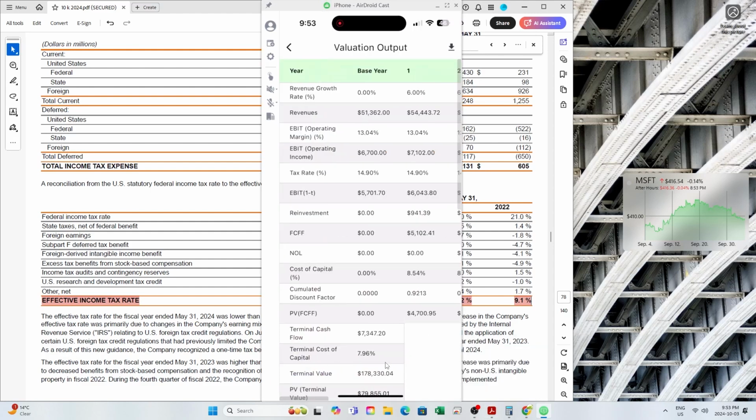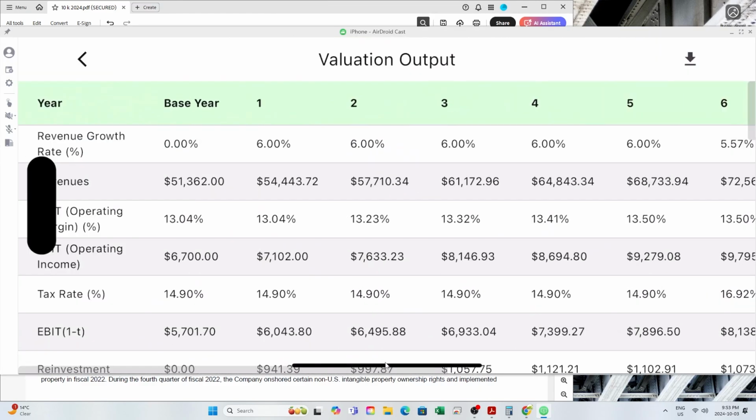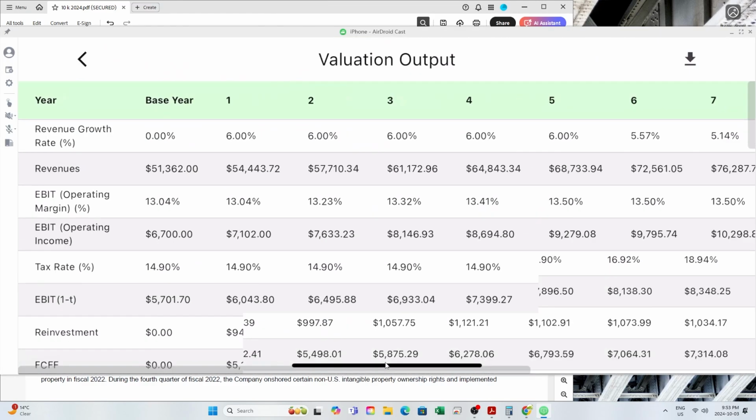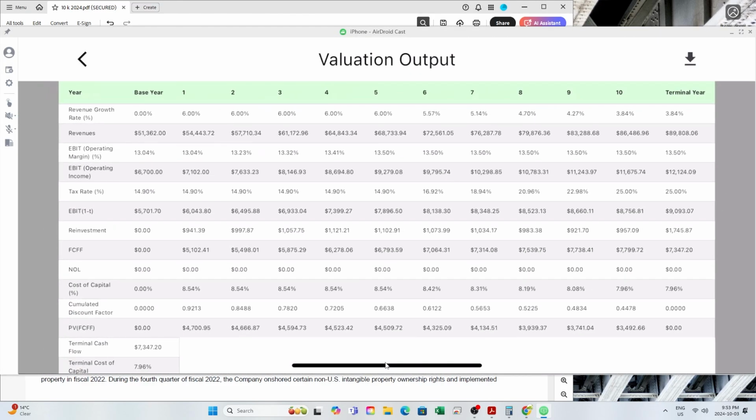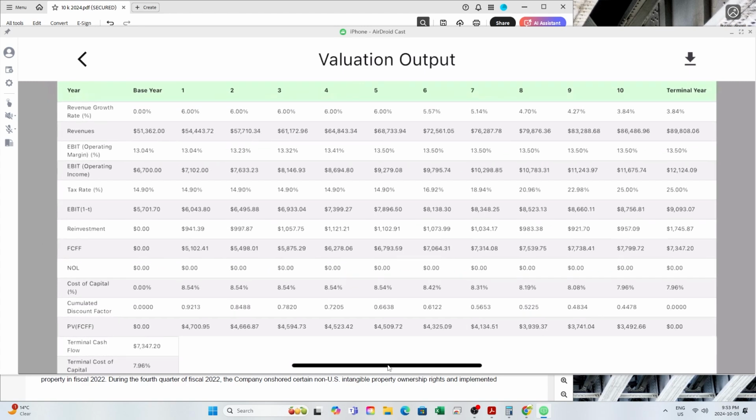We can also find its detailed report by clicking the details section. As you can see, our revenue growth rate from year 1 to year 10, all our operating margins, our free cash flows, and the present value of free cash flows.